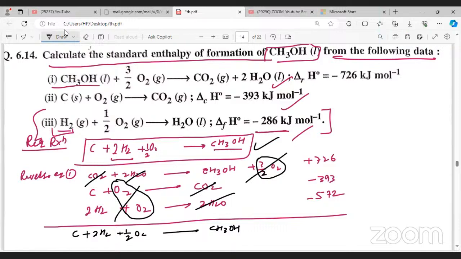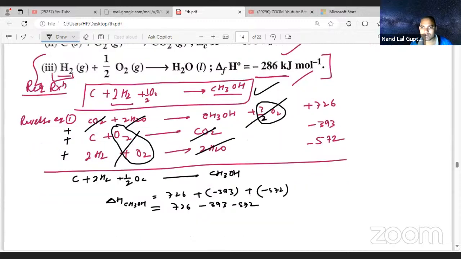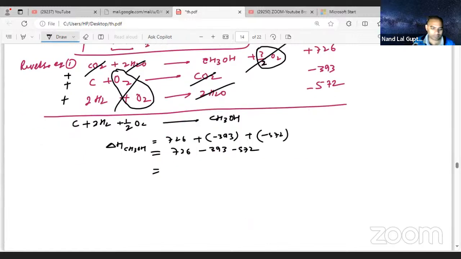And this is absolutely the required reaction. What you did, you added all these equations. So now you can add all of them. So delta H formation of CH3OH, you are adding 726 plus in bracket minus 393 plus in bracket minus 572. Plus into minus, you know very well, the minus will come: 726 minus 393 minus 572.